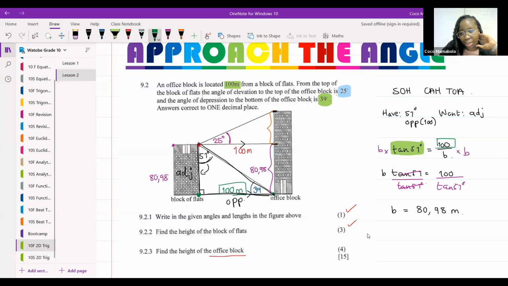That's why we wrote 100 over adjacent, right? So instead of writing adjacent, I just decided, let's call it the block of flats. That's why. Makes sense? Got me? Yes, ma'am. Okay, right. Thank you. You're very welcome.